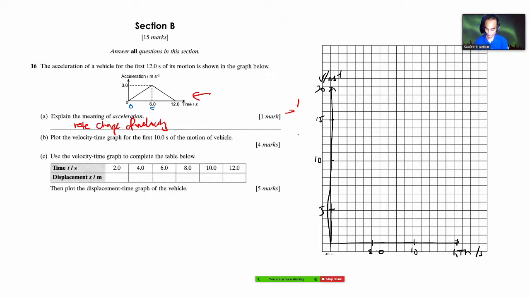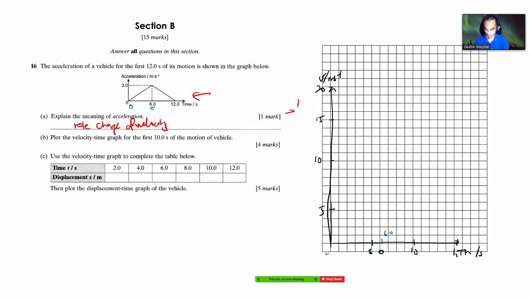That means the gradient will be 3, right? The gradient will be 3. So that's 6. This is 5.0, so this one will be 6.0.